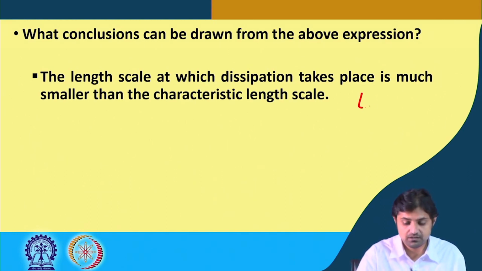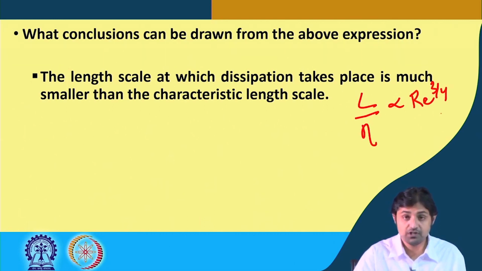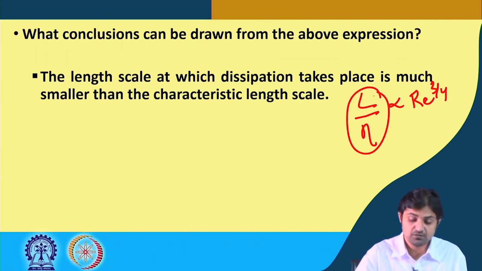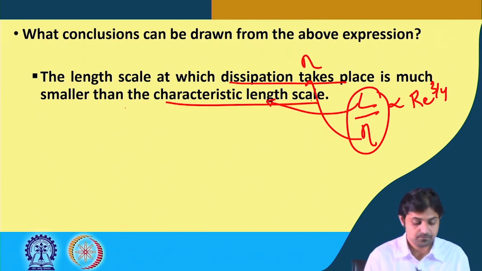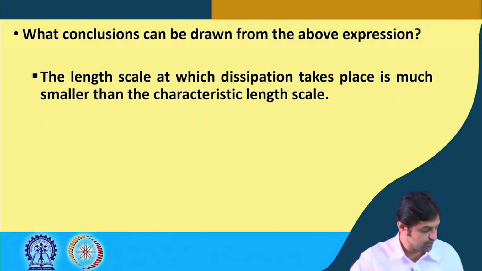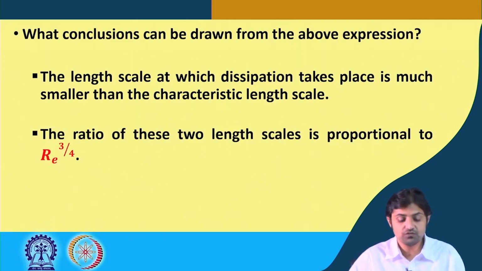In turbulent flow, Reynolds number is very high, so L by eta is very high. This means the numerator is much larger than the denominator, thus implying eta is much smaller than the characteristic length scale L. Valid conclusion from the equation, correct? The ratio of these two length scales is proportional to Re to the power 3 by 4, as we have seen in the last slide.